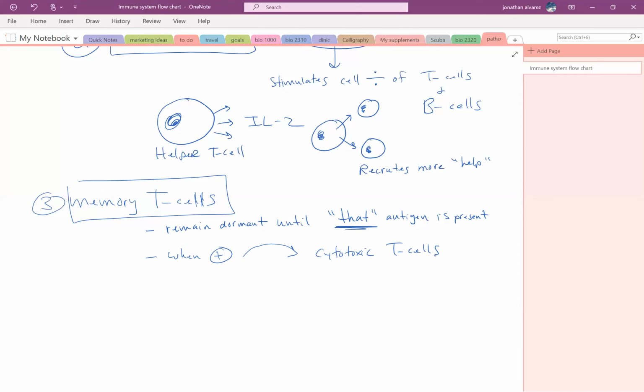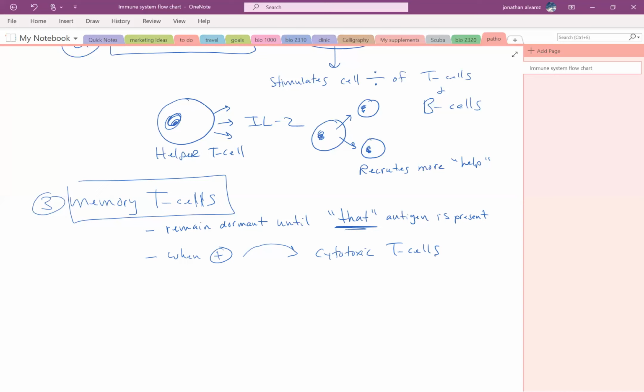Remember, I think our fun analogy with that was, you know, you're Tony Stark, which means you're a T cell that's just kind of chilling. And then the bad guys are coming in and you're going to suit up. And once you suit up, now you're a cytotoxic T cell. You're ready to wreak havoc.